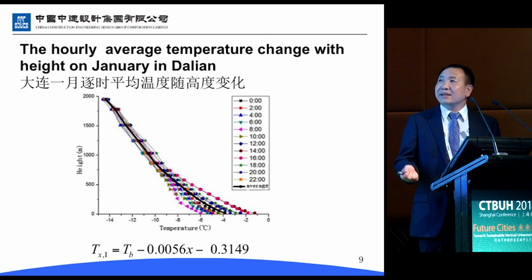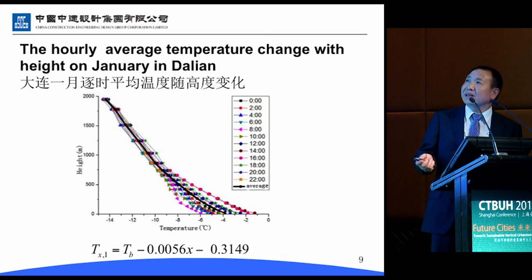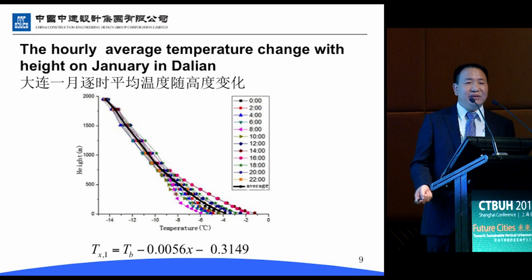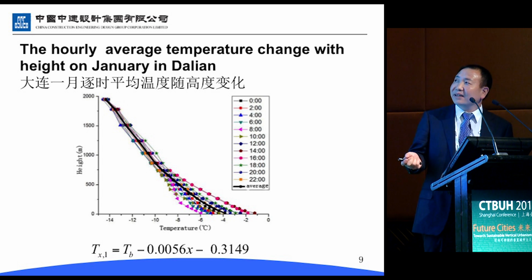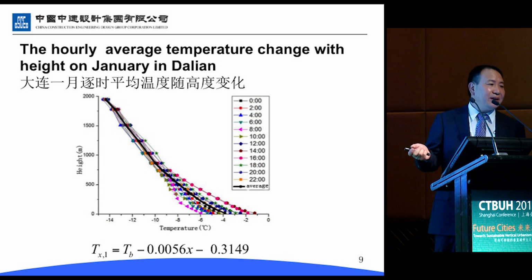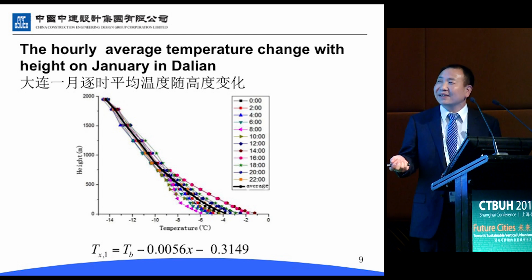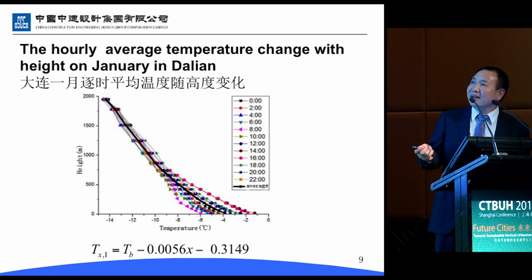Now, in January, we got this kind of hourly average temperature, and it changes over different height. And this happened to be on a particular day and given a particular hour. And at a different hour, you can calculate a different temperature. It takes a lot of time to do this kind of calculation.